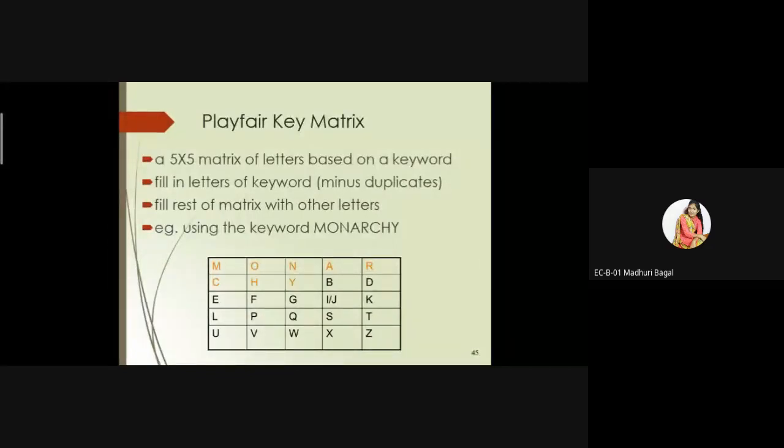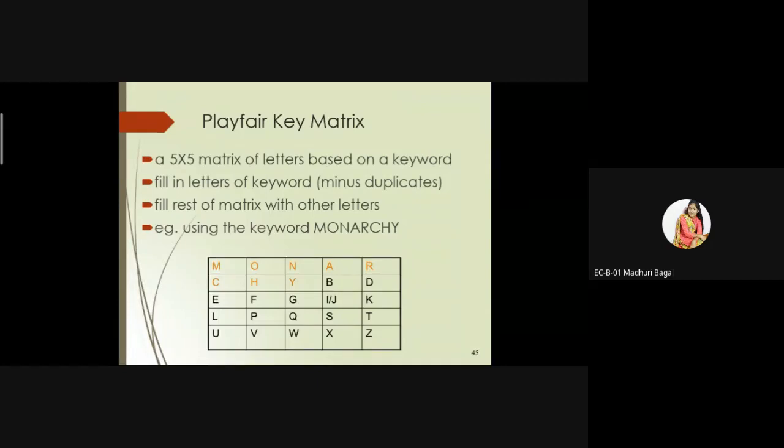If there is a keyword, here we take the keyword as monarchy, we place this keyword in the 5 by 5 matrix, and for the remaining blocks we count the letters from A to Z. If a letter is repeated, we skip that letter.